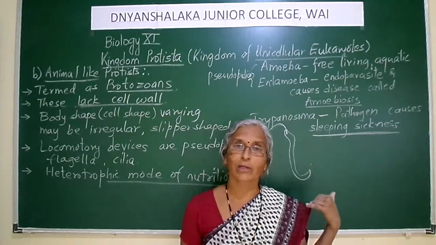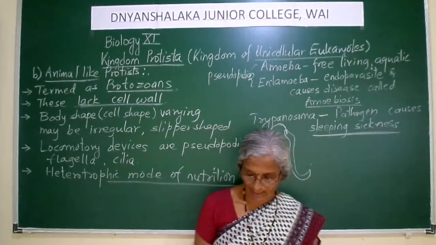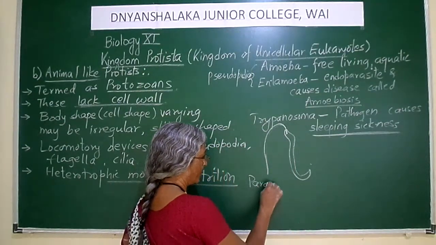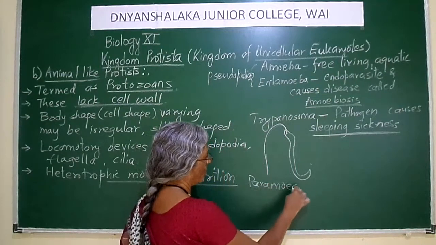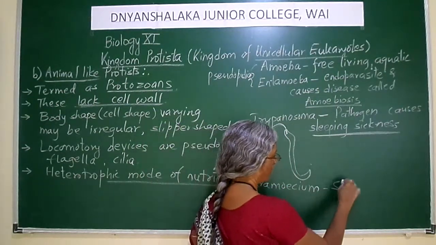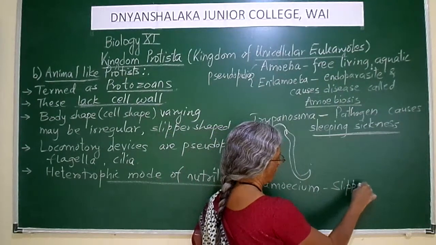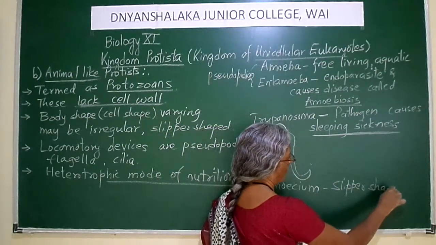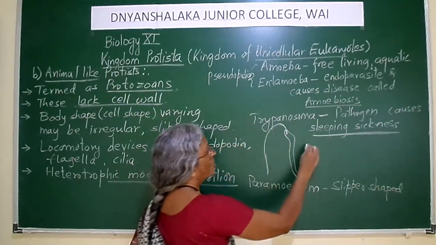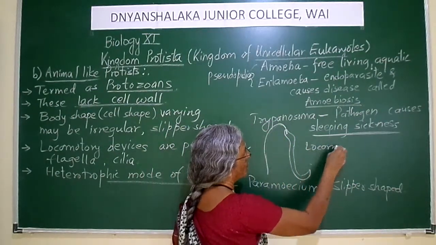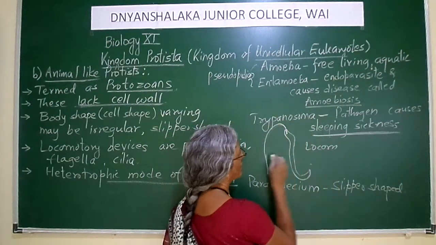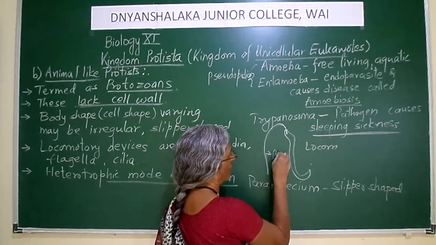So it is called sleeping sickness. Okay. Then we have paramecium. All of you know what paramecium is. This paramecium is slipper shaped. In trypanosoma, what is the locomotory device? Locomotory device is flagellum. This is the flagellum.